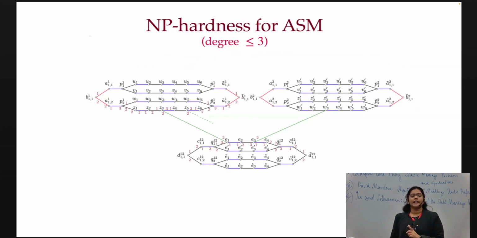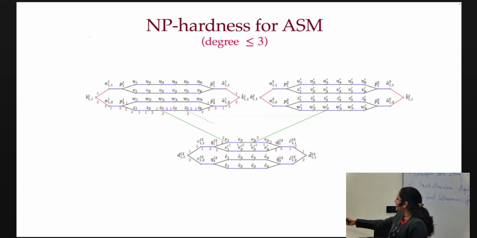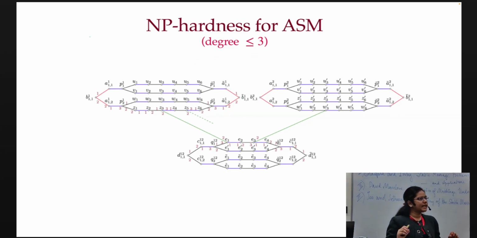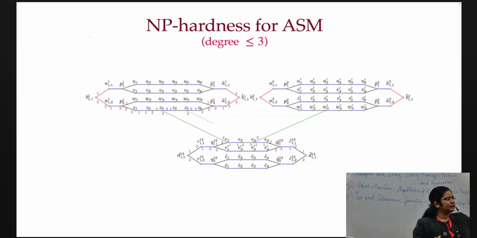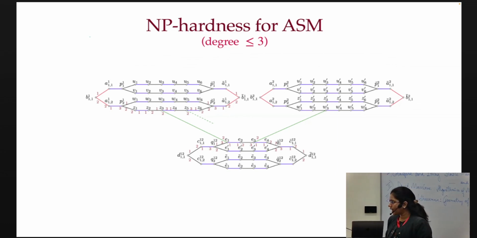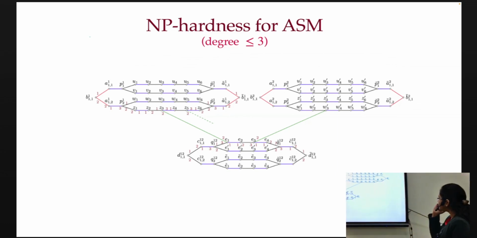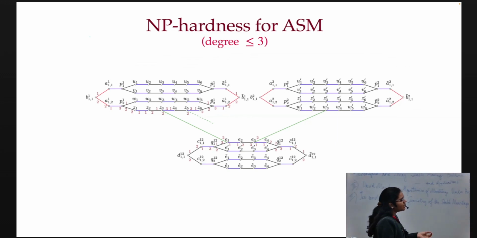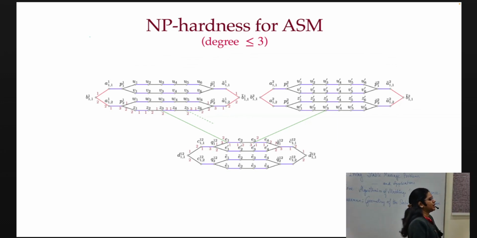There was one E1. E1 also had degree 4, right? For that also you will do the same thing. Earlier we had just E1, E2, right? Now I have a 4 length path, E1, E2, E3, E4, right? E1 you connect with one endpoint, E3 you connect with the other endpoint. Okay, so this is how you can decrease the degree, and fix the preferences so that whatever was a fixed edge earlier still remains a fixed edge.